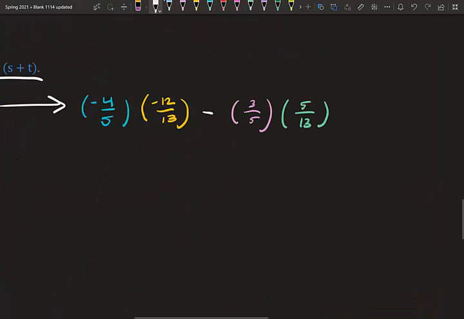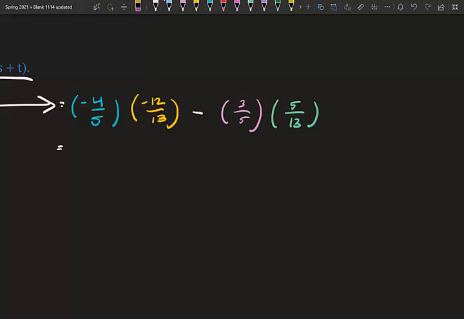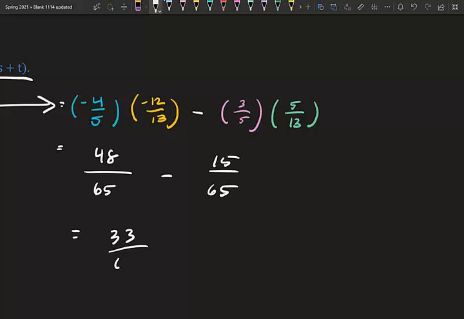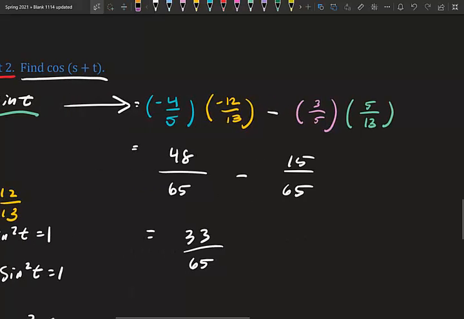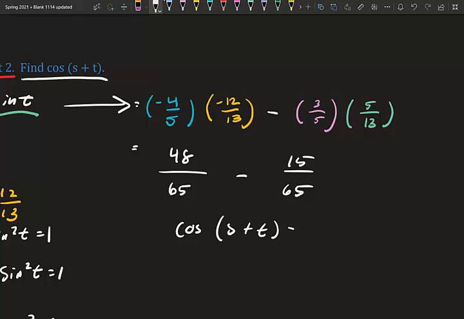From here, we simplify our equation. So we have negative 4 times negative 12, we get positive 48. 5 times 13, we get 65. Minus 15 over 65. So we're left with 33 over 65. So cosine s plus t equals 33 over 65.